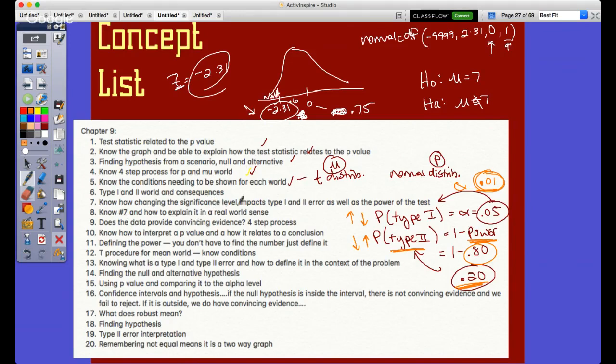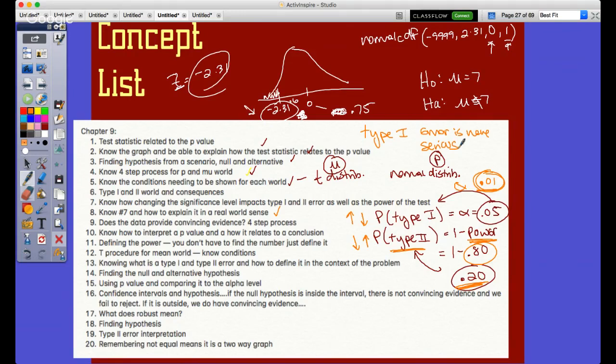Number 8, know number 7, how to explain a real world sense. Very similar to what I just said. Let's say that in a situation, the type 1 error is more serious. Let's say we're talking about a lawsuit, and I think the lawsuit was the last test. In the type 1 error, we reject the null, but the null is true.